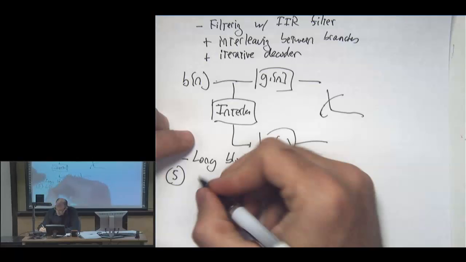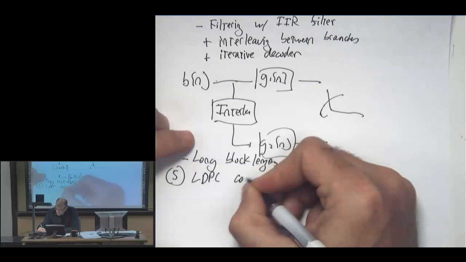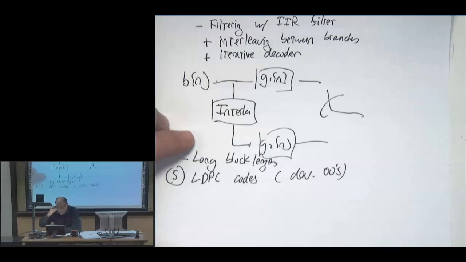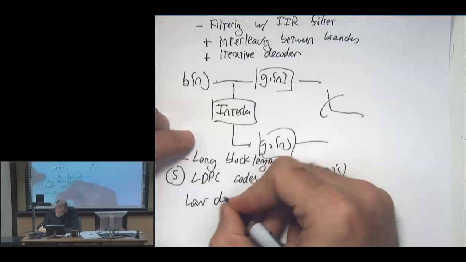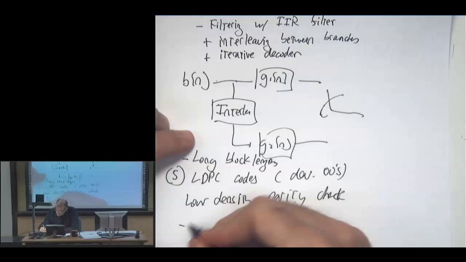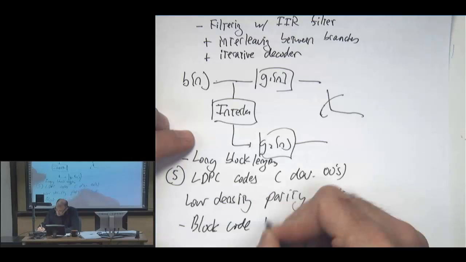So LDPC codes, low density parity check codes, were developed in 2000s, though their origin actually goes back into the 60s. So this is essentially block code plus smart decoder.